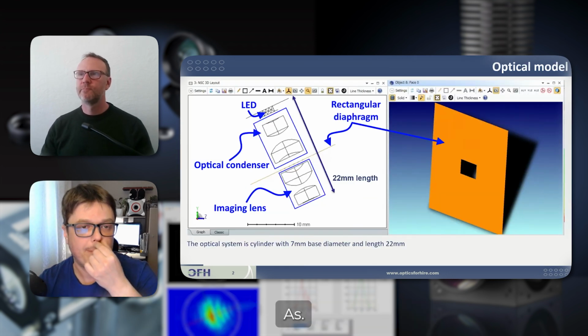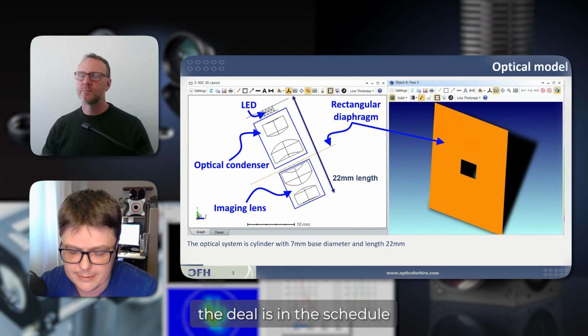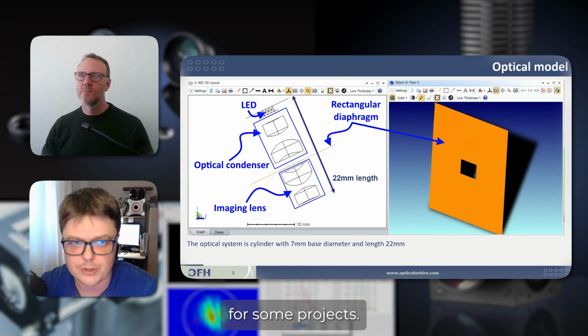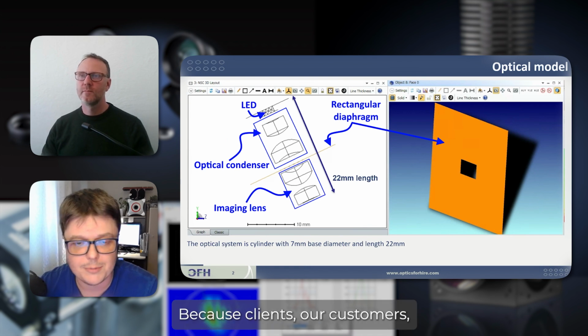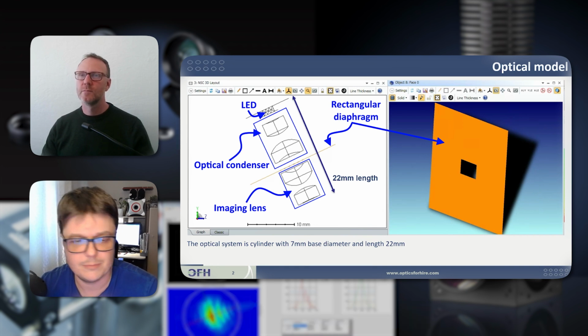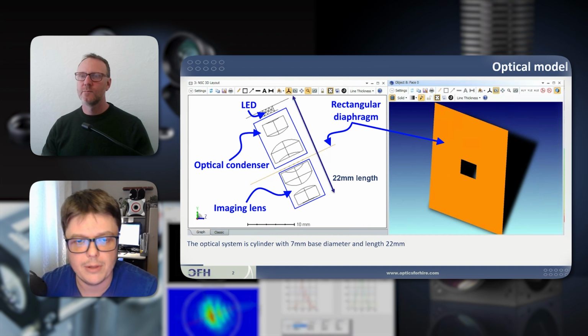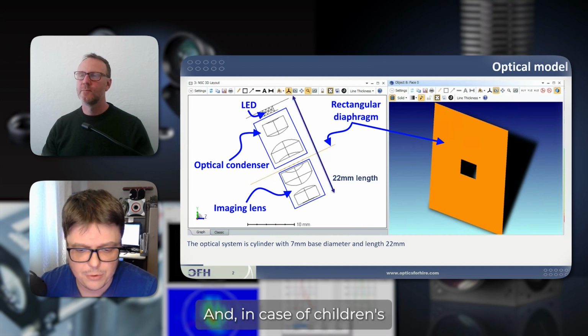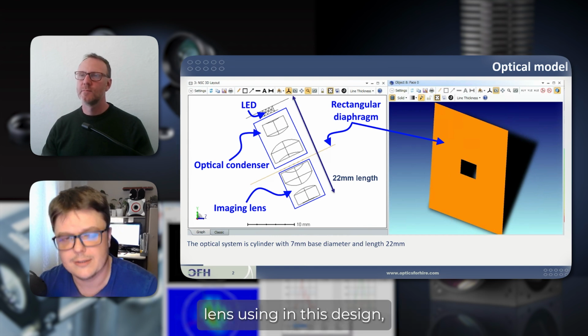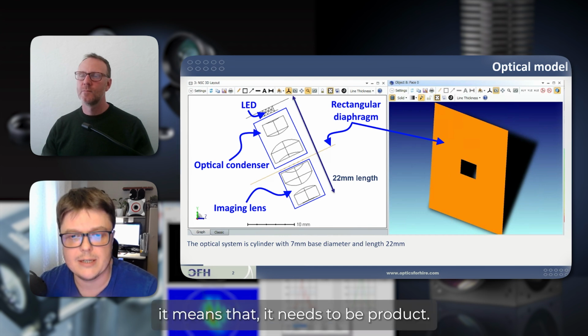Yeah, the deal is in the schedule for some projects, because clients, our customers, sometimes want to have a fast prototype that can be made from off-the-shelf parts, for example. And in case of using a TIR lens in this design, it means that it needs to be produced.